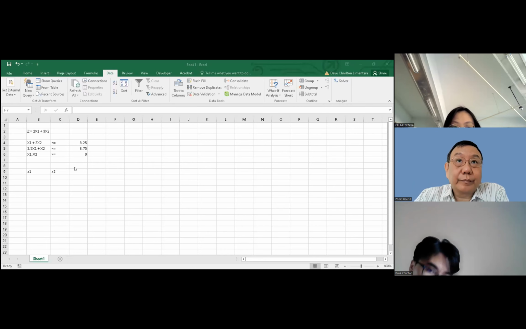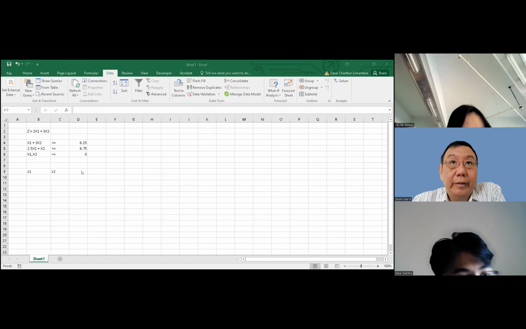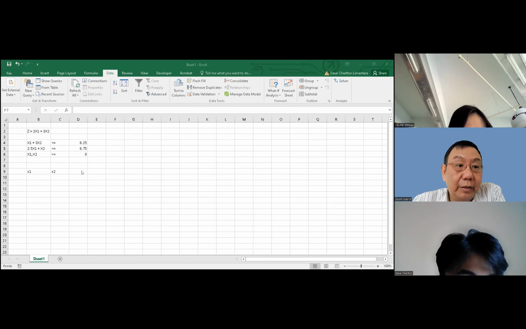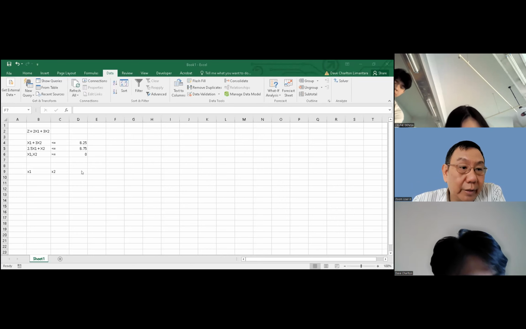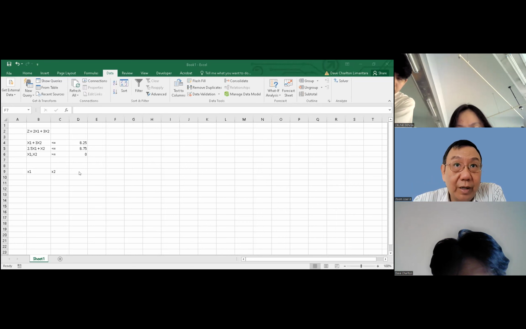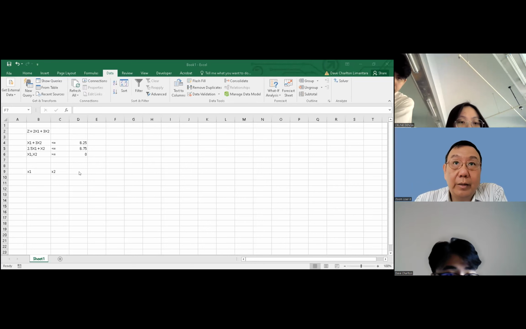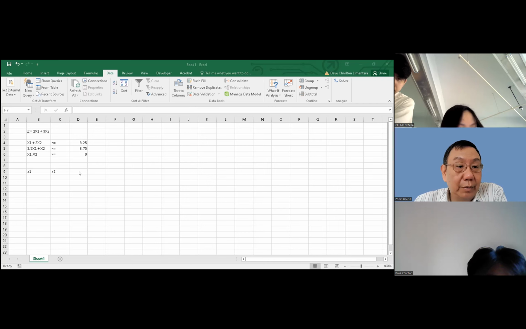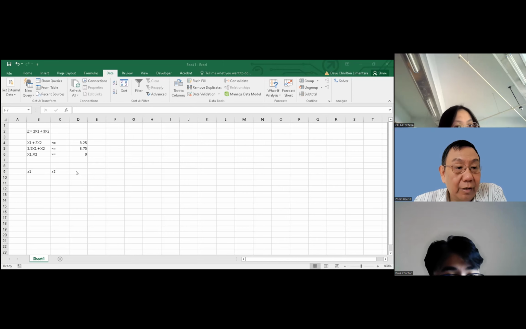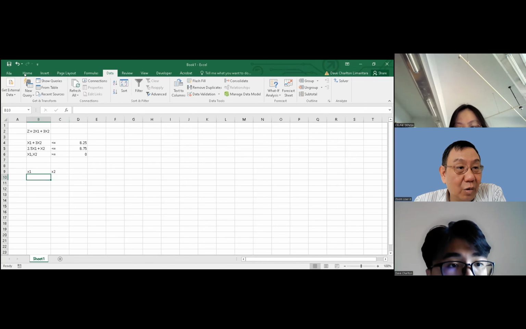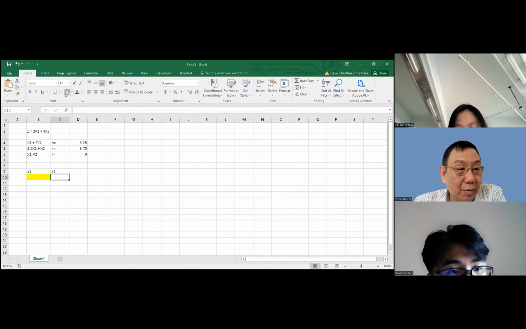Okay, so the objective is 2x1 plus 3x2, subject to constraints. For example, x1 plus 3x2 less than 8.25. So you have this problem here. You just put yellow in B10 and C10, the decision variable cells.